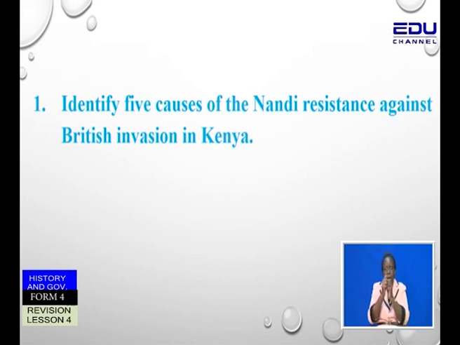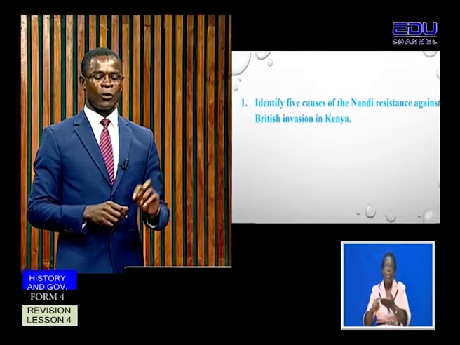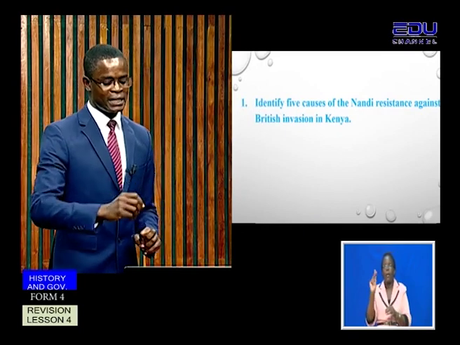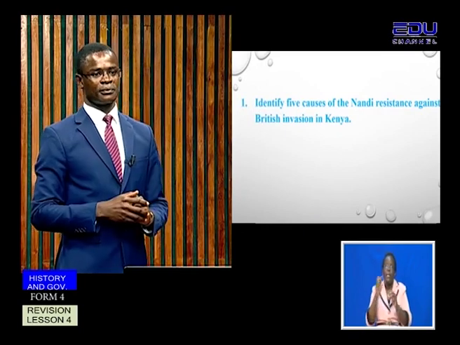We are associating Nandi resistance and the British invasion in Kenya, and we are focusing on why did the Nandi resist. So in terms of identifying, we only need you to pick out or to pinpoint. Go to the key thing, pinpoint, tell us this is why they resisted.